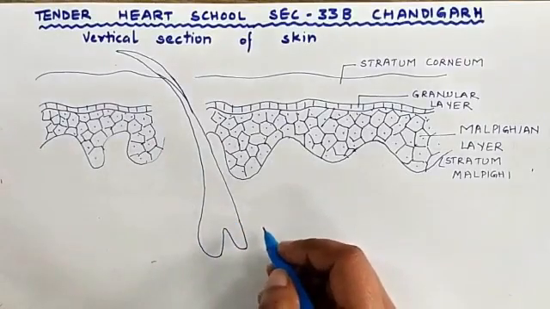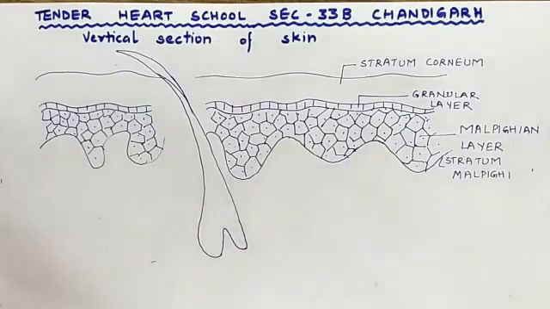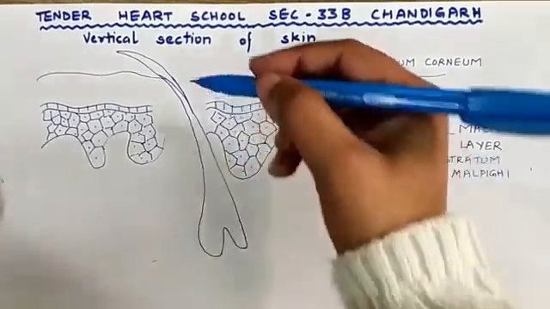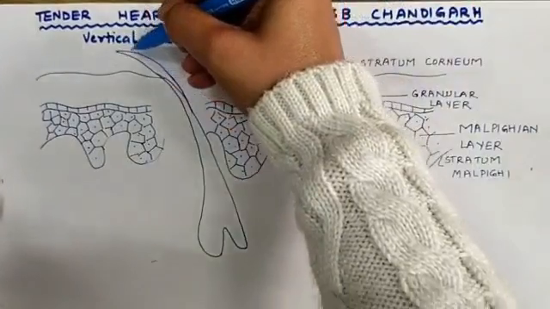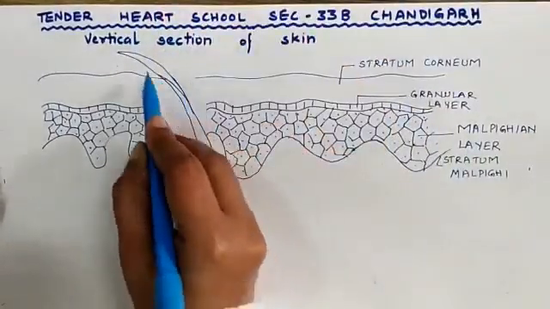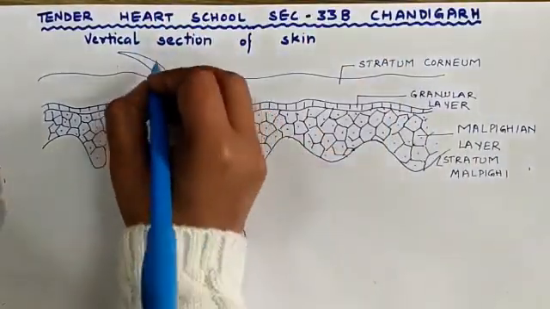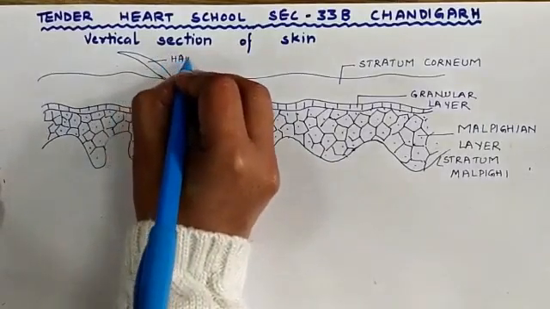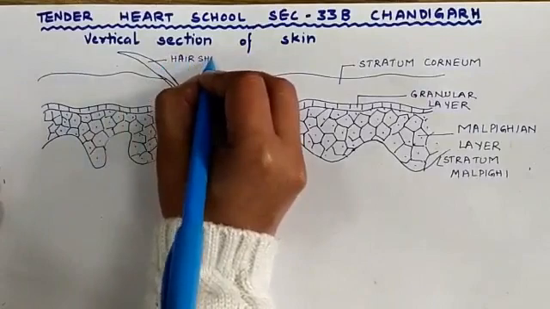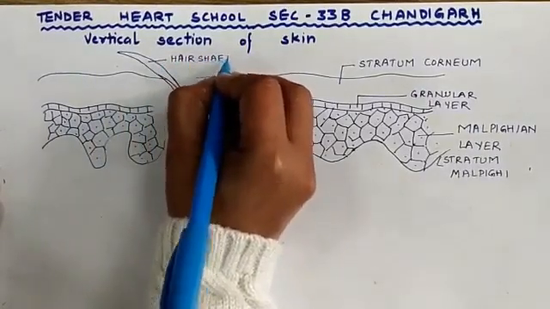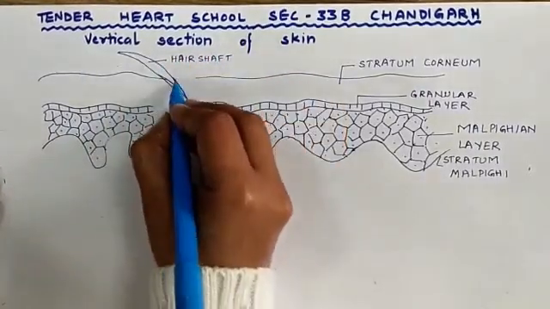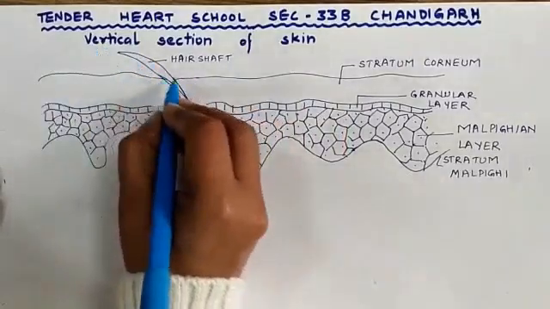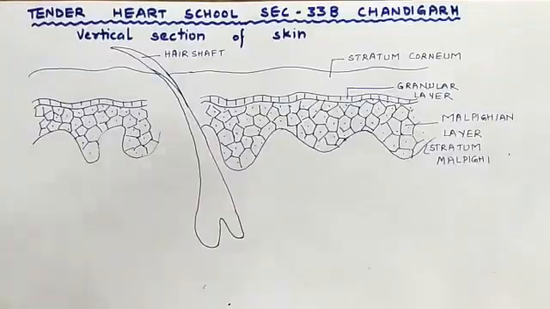So let us draw the various parts of the hair now. This outer part of the hair which is coming above the skin is called the hair shaft. Hair shaft is the part of the hair which is visible to us, which is coming outside the skin, right?